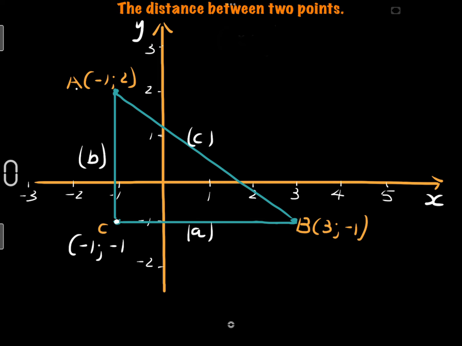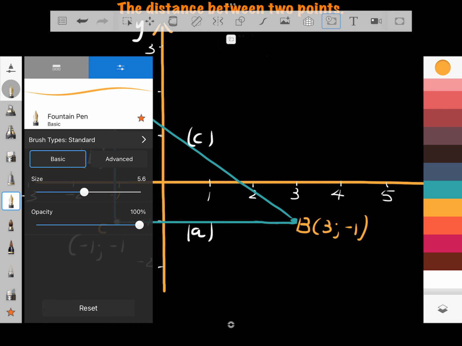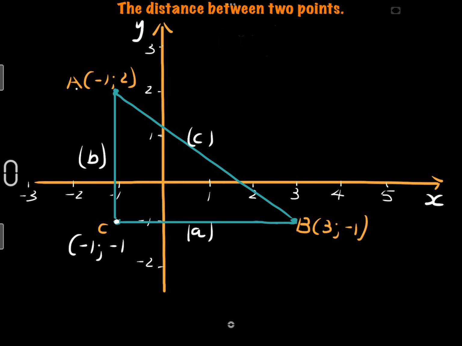We are asked to use the Pythagoras theorem. In this case, the Pythagoras theorem goes like this. Since side c is the hypotenuse, remember that the original theorem of Pythagoras goes like this.